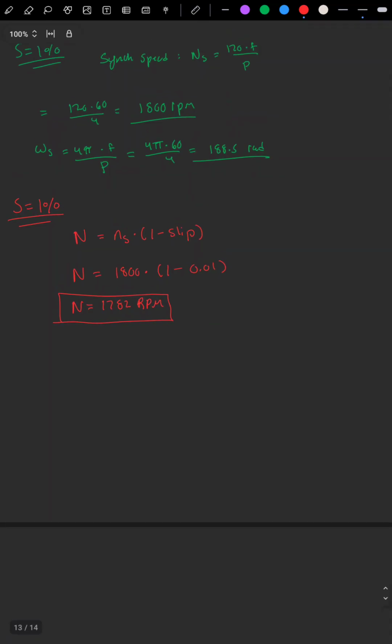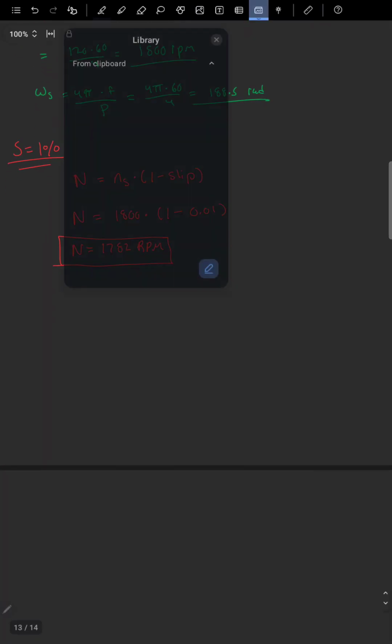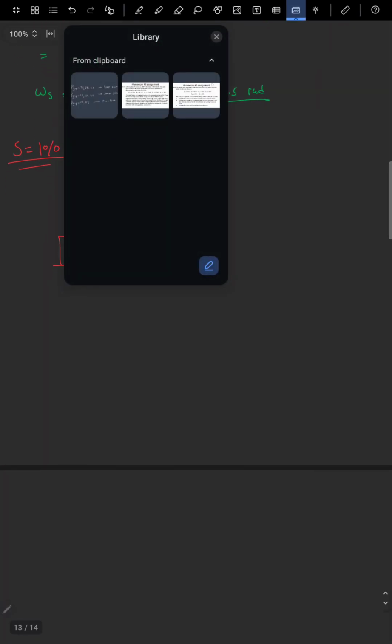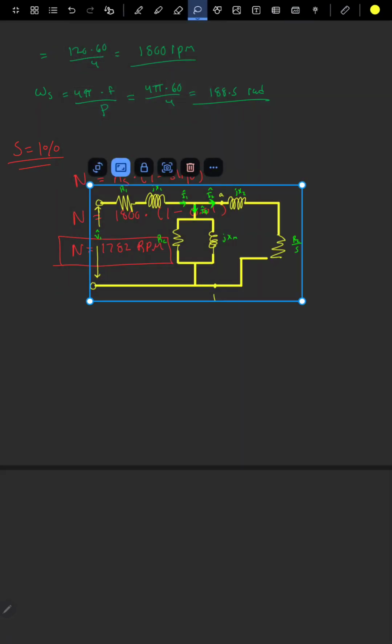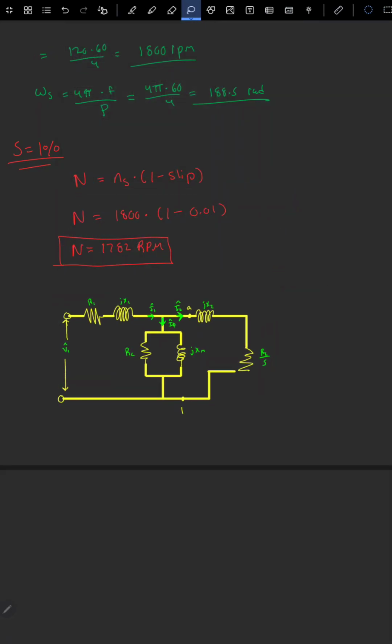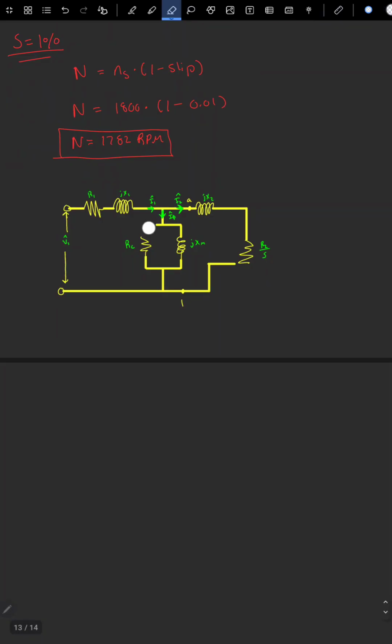Now, you have to do the same thing that we did earlier, which is our fun little impedance equations. So now we don't have RC.